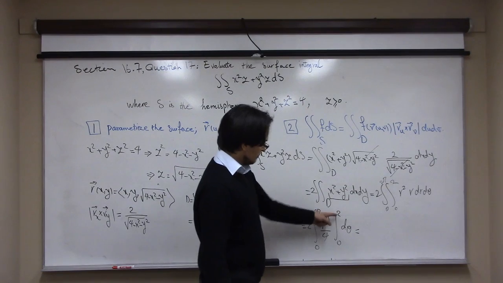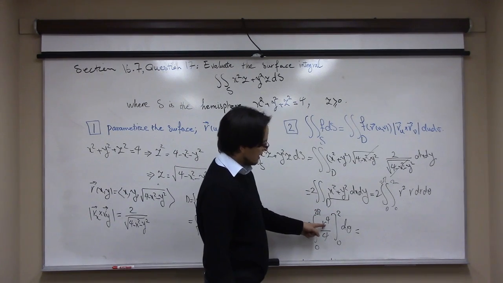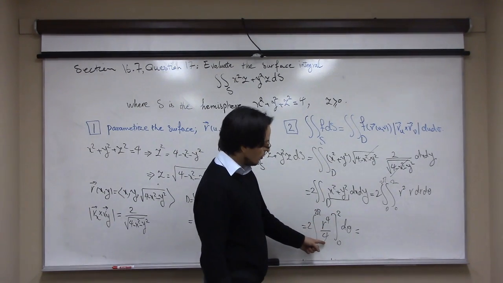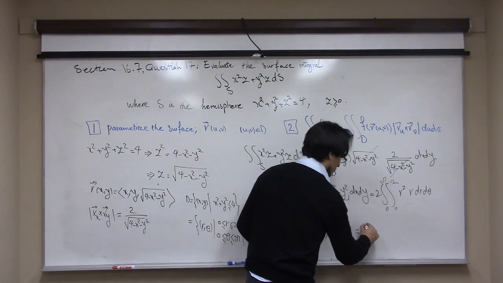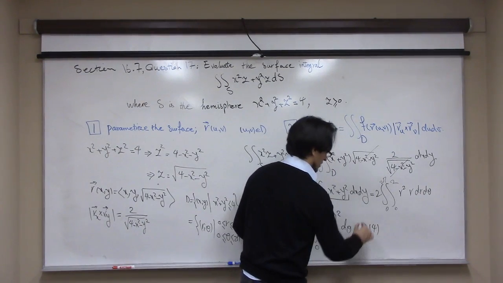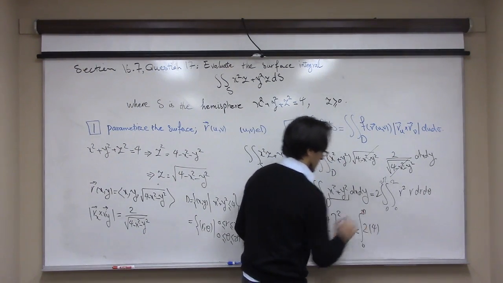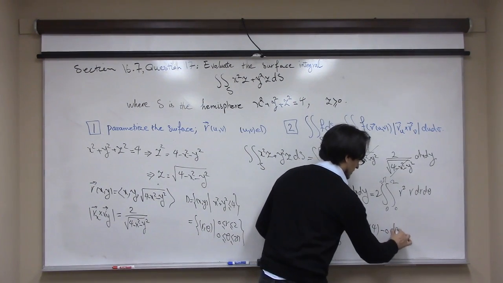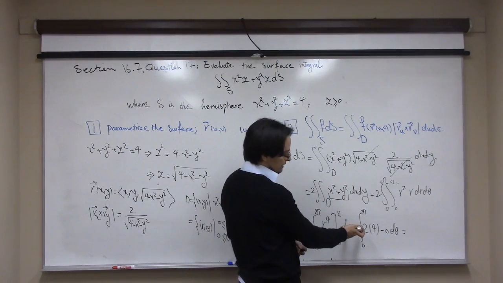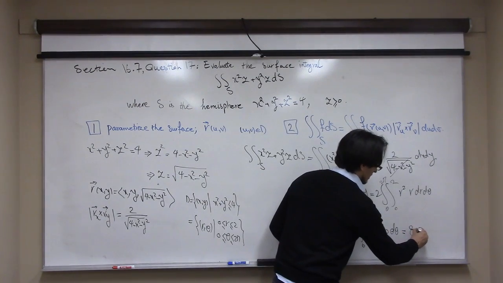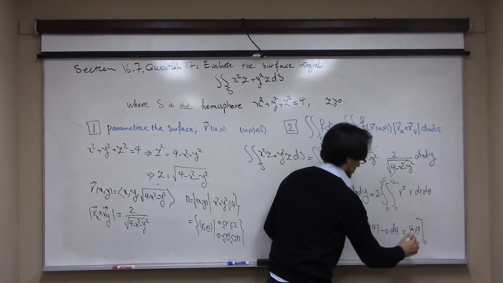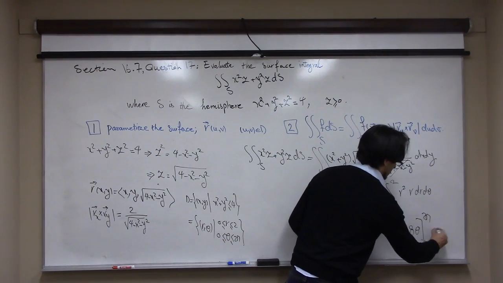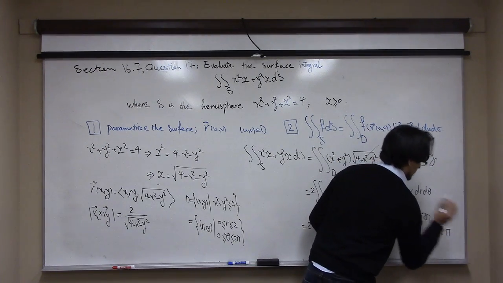And then you plug in 2 here, I get 16 over 4 is 4, so 2 times 4, from 0 to 2 pi, minus 0, d theta. And then integrate this, so it is 8 theta, going from 0 to 2 pi. It is 16 pi.